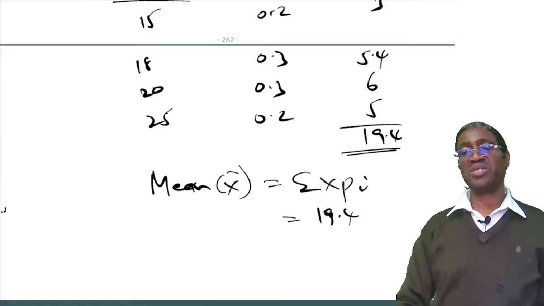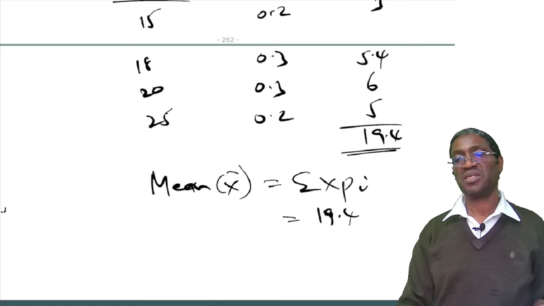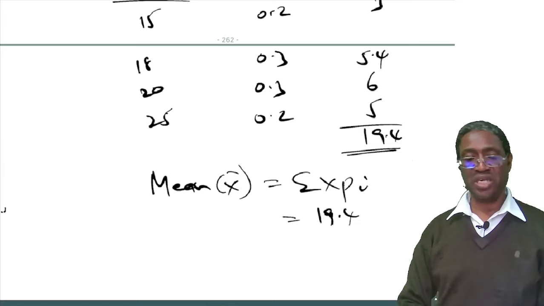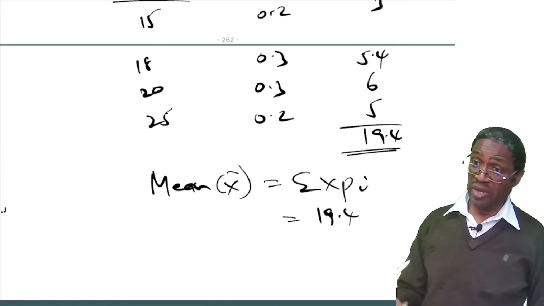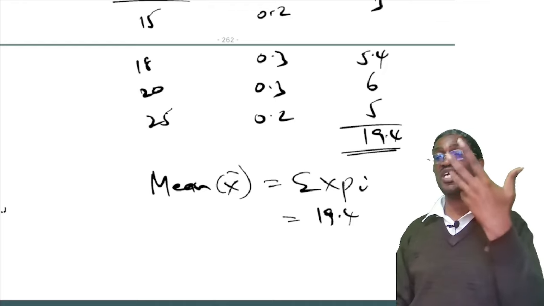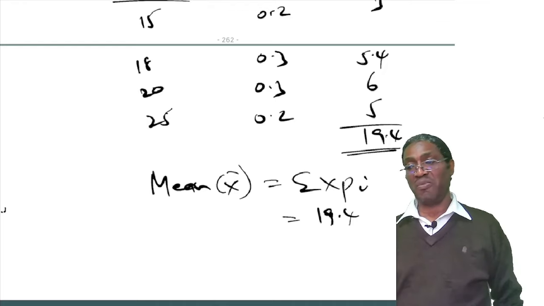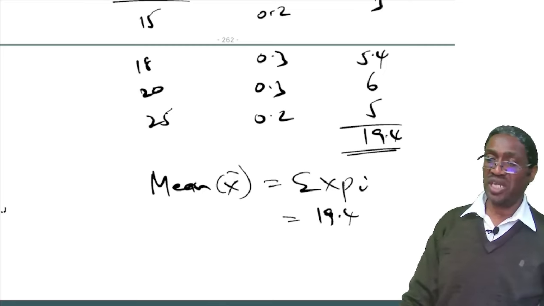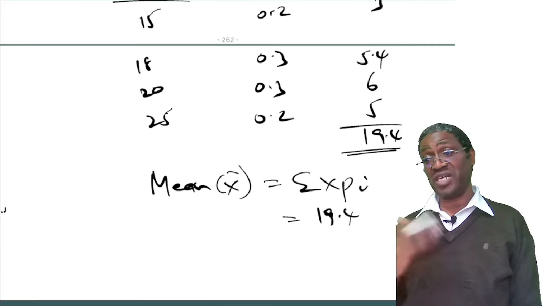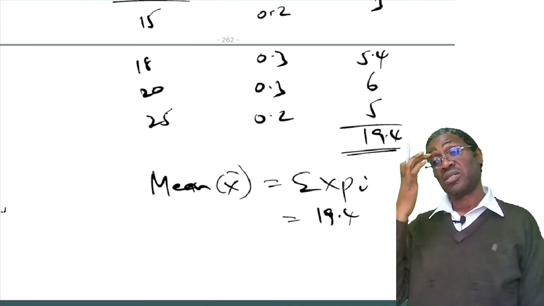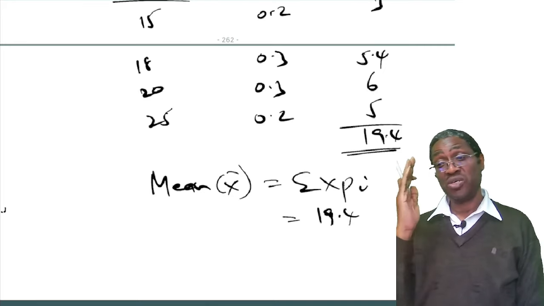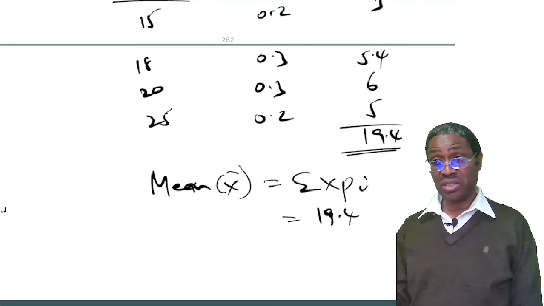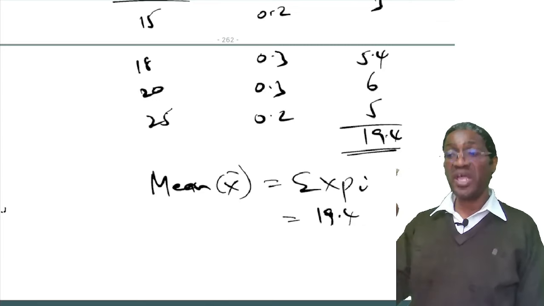Let us now do the standard deviation. We shall borrow the formula for standard deviation. It's only that we are bringing in the concept of probability. Don't forget, to get the standard deviation you first get the variance. How do you get the variance? You get the deviations from the mean and you square them.